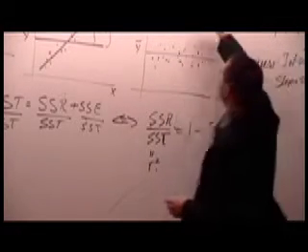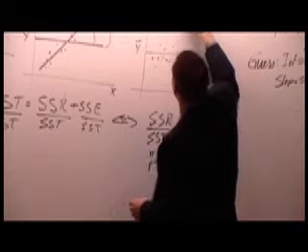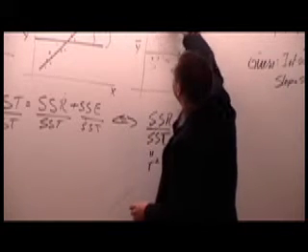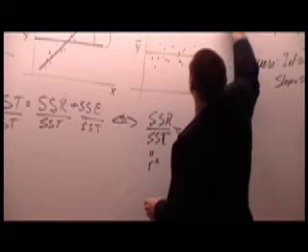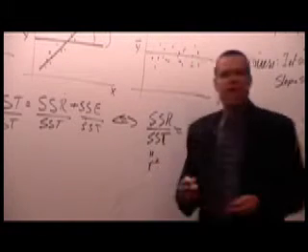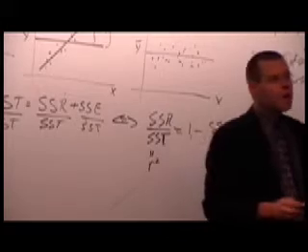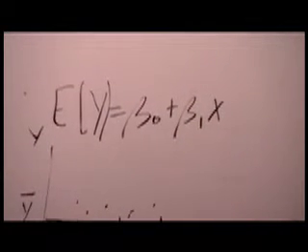But if we consider the population line, if x has absolutely no impact on y, what must be true about one of the parameters? Constant.